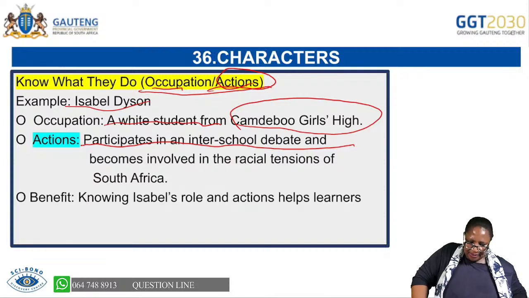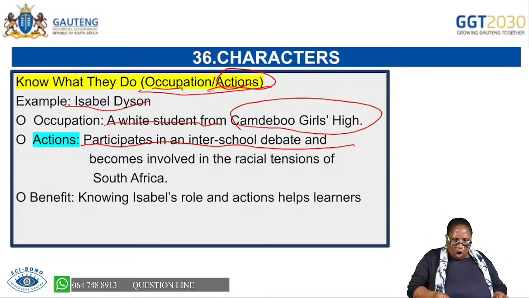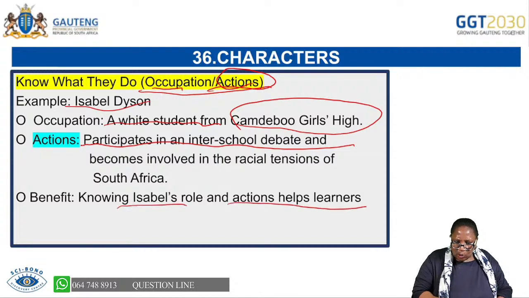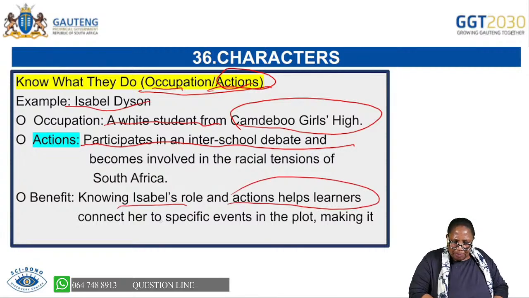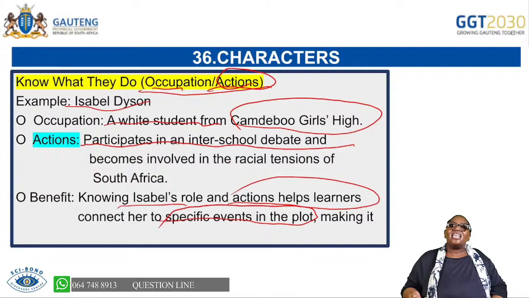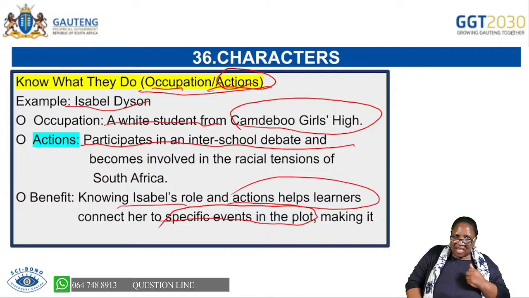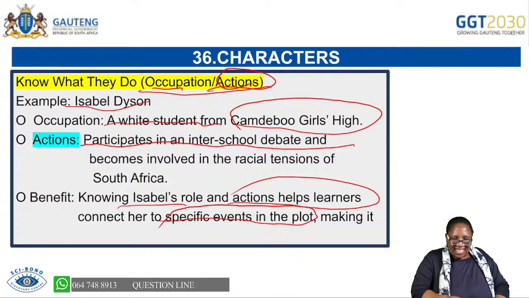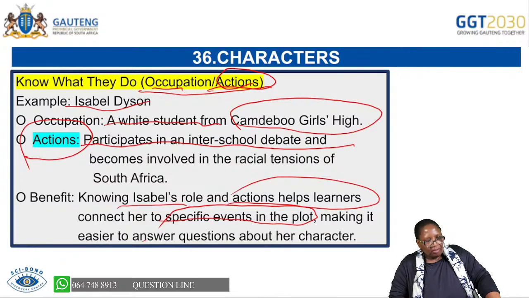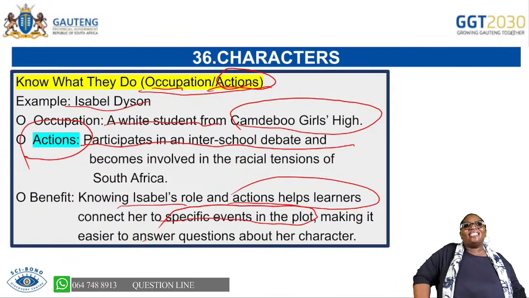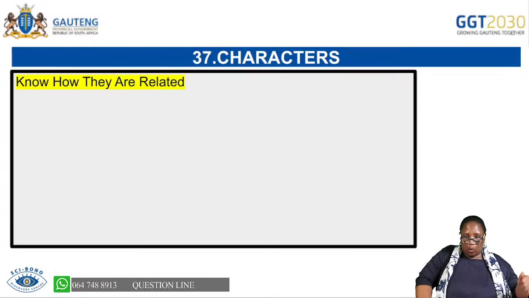If you know Isabel's role and actions, it will help you to connect her to specific events in the plot. If you know Tammy Mbikwana's parents, where they come from, what they do, those actions will help you identify them, and it will be easier to answer questions about the characters.